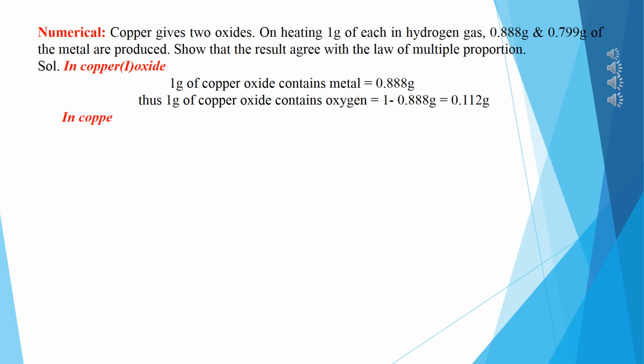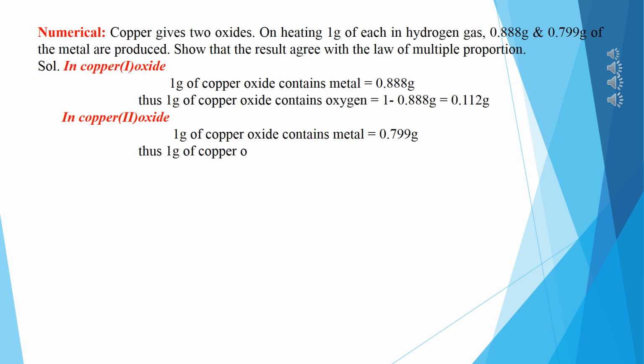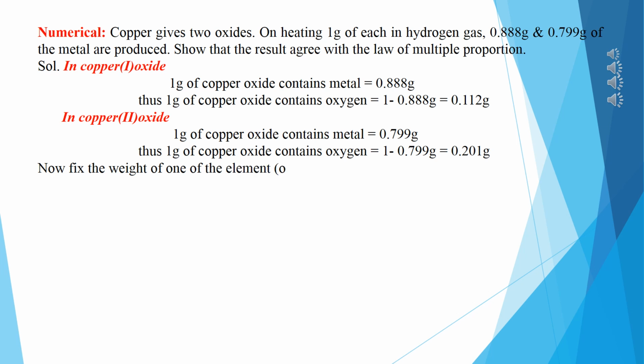So in copper 2 oxide, 1 gram of copper oxide contains metal, that is given as 0.799 gram, and in this 1 gram of copper oxide, oxygen comes out to be 0.201 gram. Now fix the weight of one of the elements. Here we fix the weight of oxygen to 1 gram.